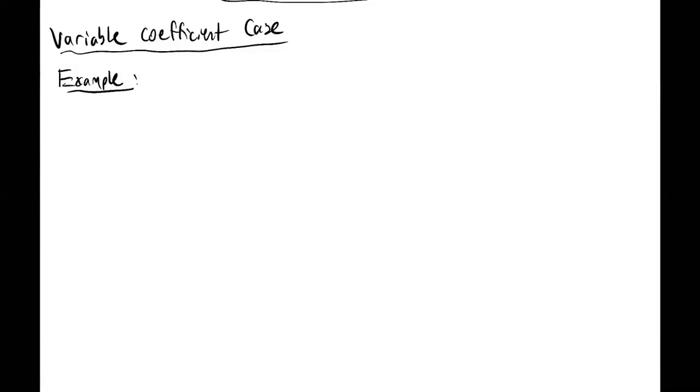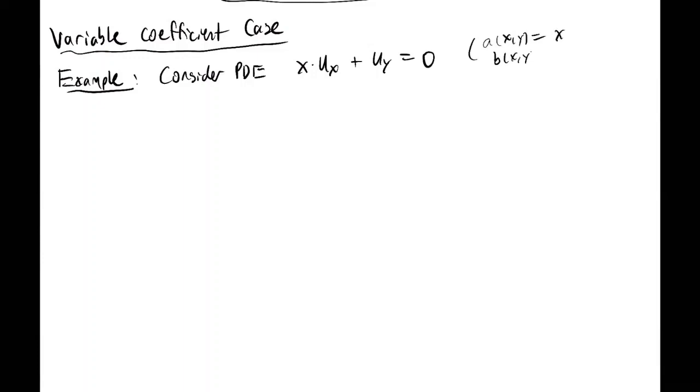Right, so we're going to look at the equation, consider the PDE x times u_x plus u_y is equal to 0. Right, so in this case, a of x, y is equal to the function x, and b of x, y is equal to 1.